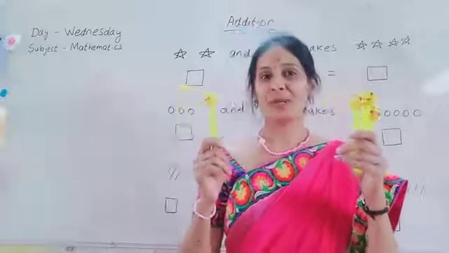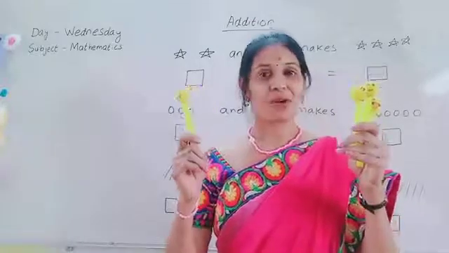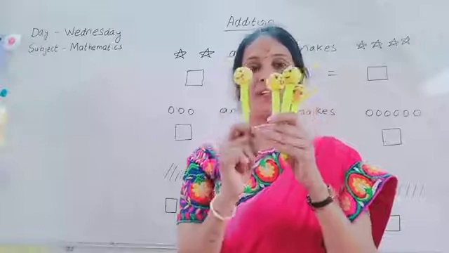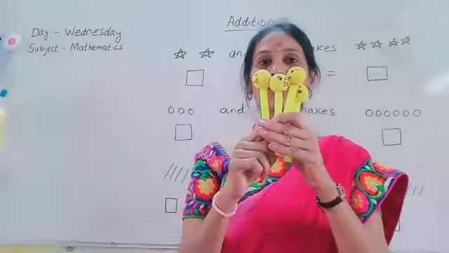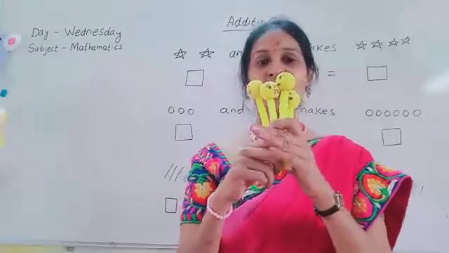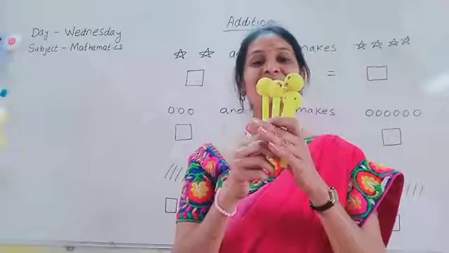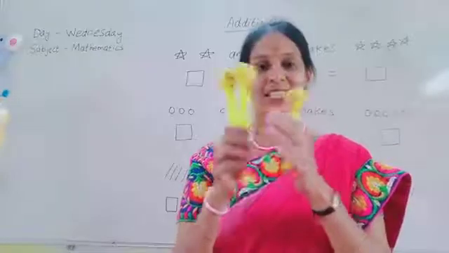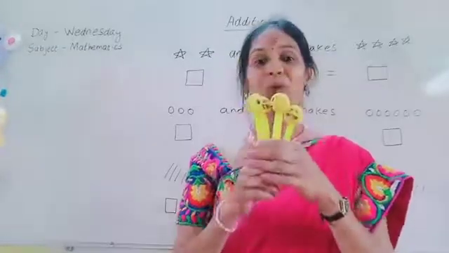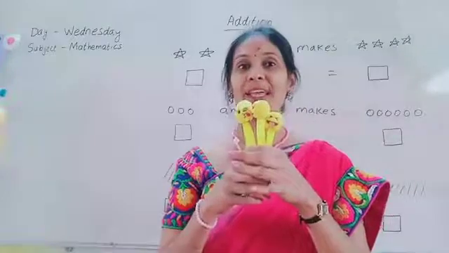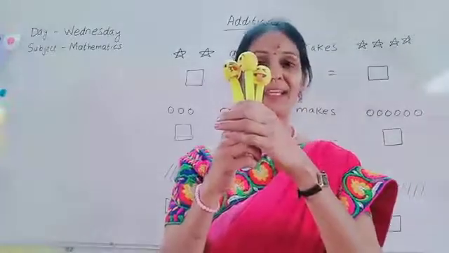Yes, now I am going to join both of the smileys all together. Now count how many smileys are here. 1, 2, 3 and 4. Okay, all together there are 4 smileys.